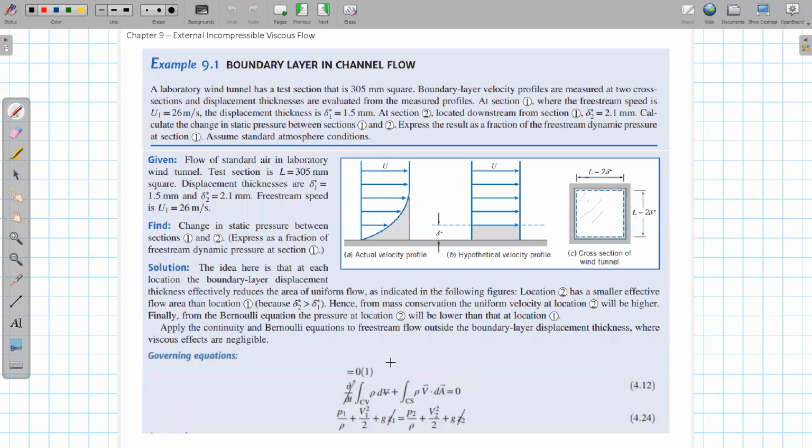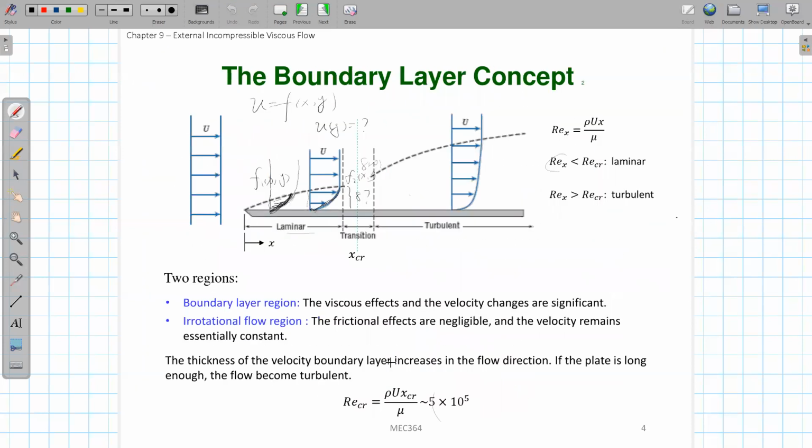That is why, if you look at the picture from the very beginning of this class, you see that after the flow becomes turbulent, there is a jump in the thickness here.